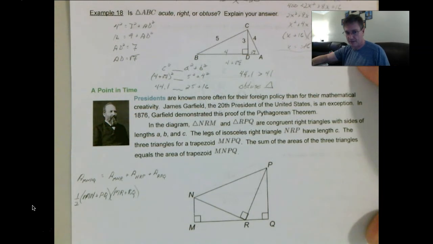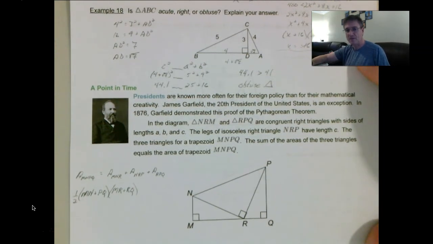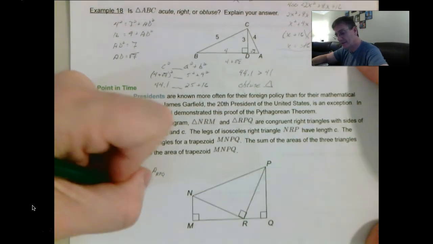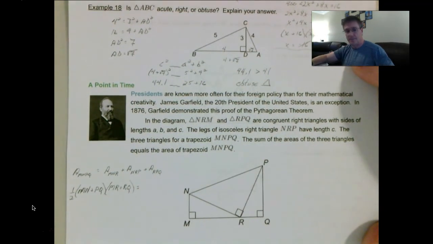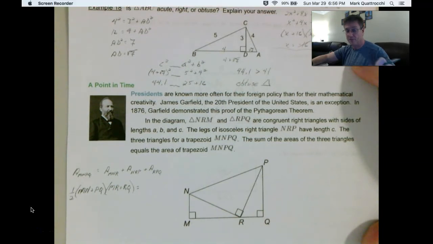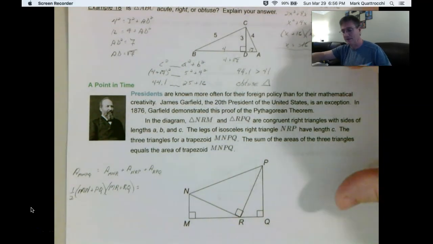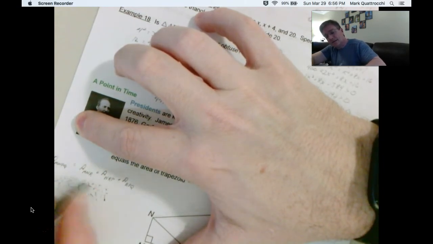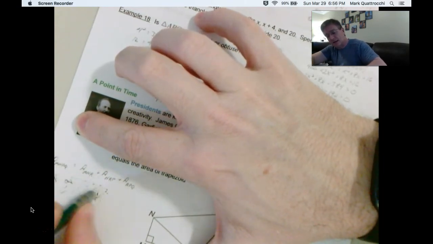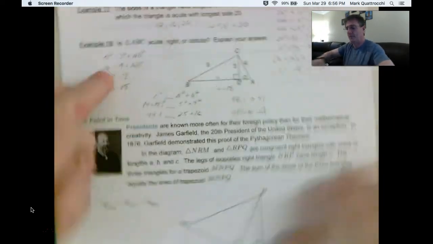And I'm going to simplify things right now to make things a lot easier for us. Make it easier to see instead of using M's and N's and R's and Q's.